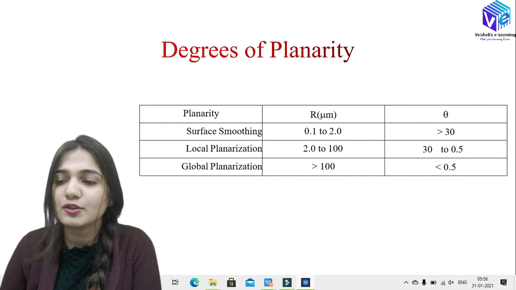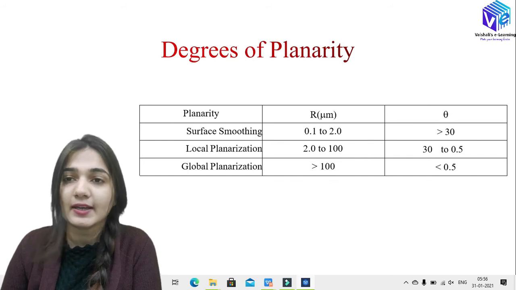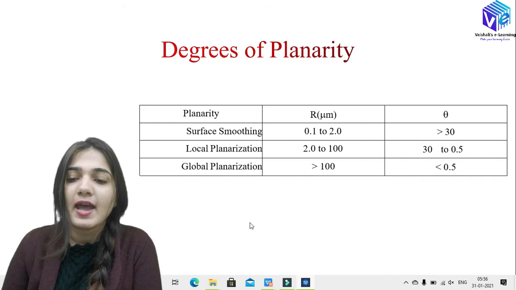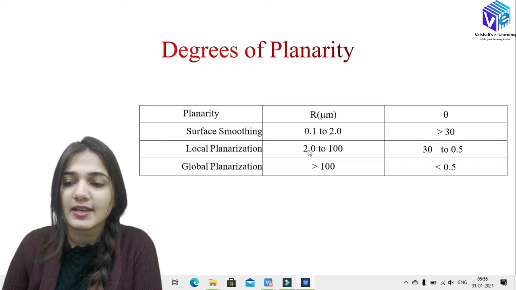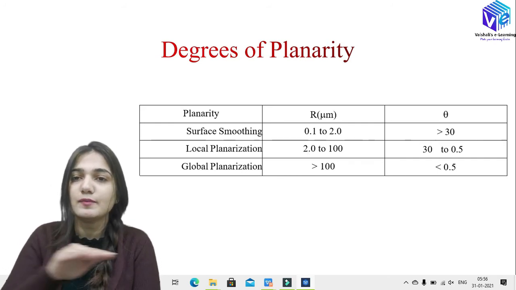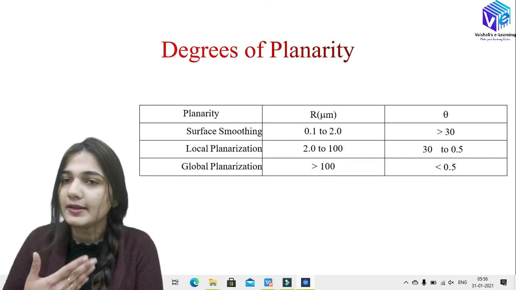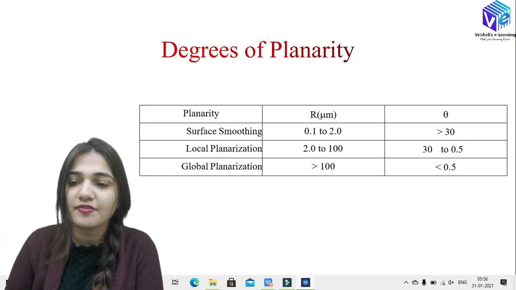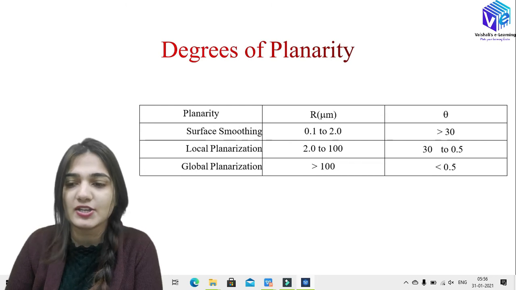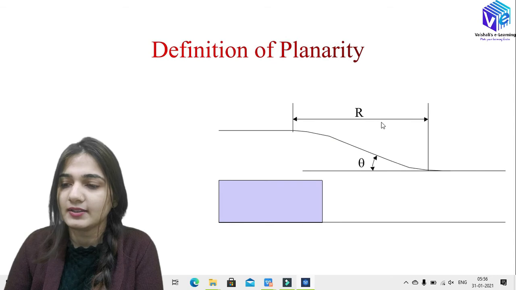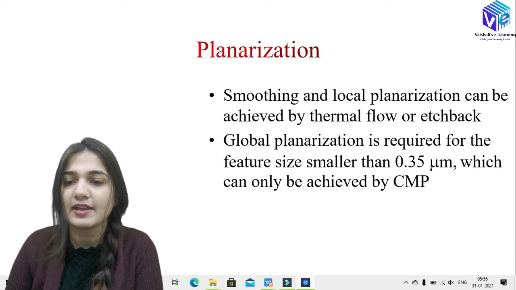Okay, so theta, or the slope, is between 0.5 and 30, right? And global planarization says r is greater than 100, which means up to 100 micrometers my surface is planar. Okay, there is no discontinuity or roughness in the 100 micrometer range. So this is how I get global planarization, and theta is less than 0.5.